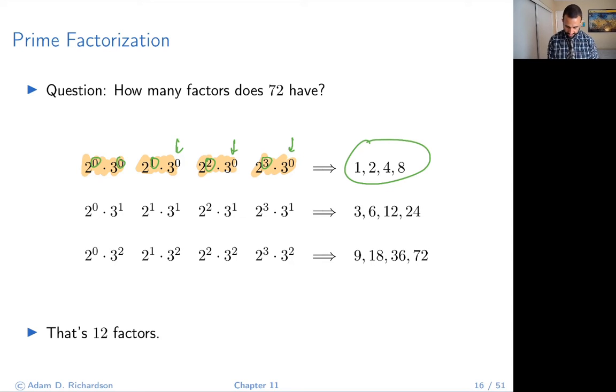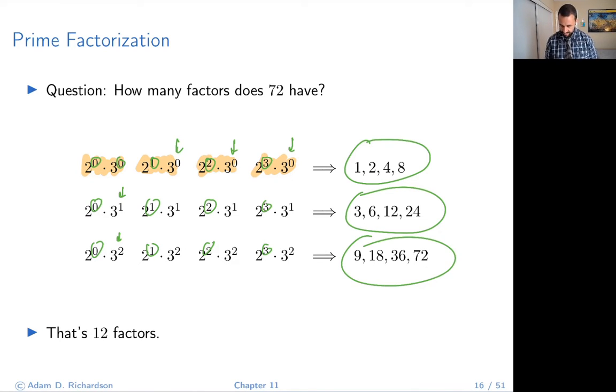I incremented the exponent for 3, and then I cycled through the exponents for 2 again. That gives me a set of 4 more factors. And then the same thing here. I incremented the exponent of 3 to 2, and that's the last one, and then cycled through the exponents for that factor of 2 right there. And we get another set. So that means that there are 12 factors.